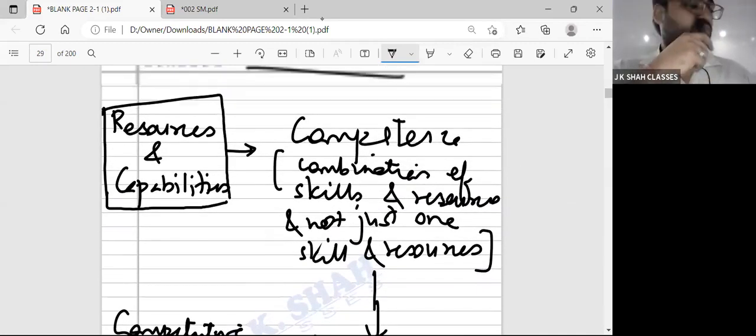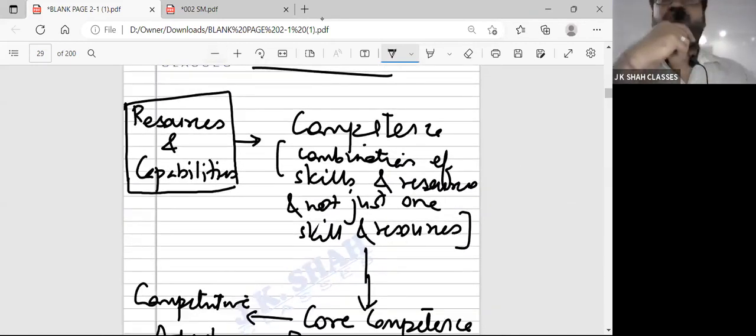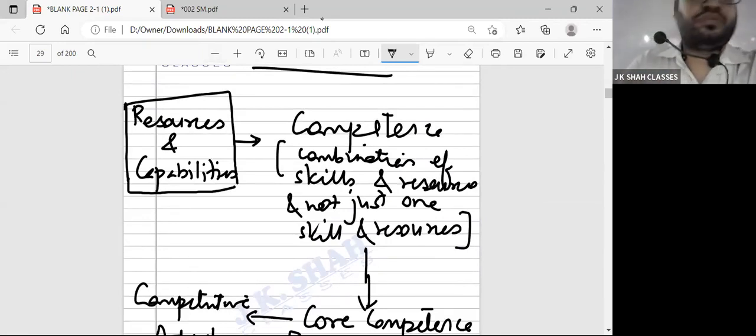I want you to copy this. How will you copy this? I don't want you to copy like this. I want you to copy this in this way. It should be one after the other. I did not have space here, so that is why I wrote resources and capabilities and competence.